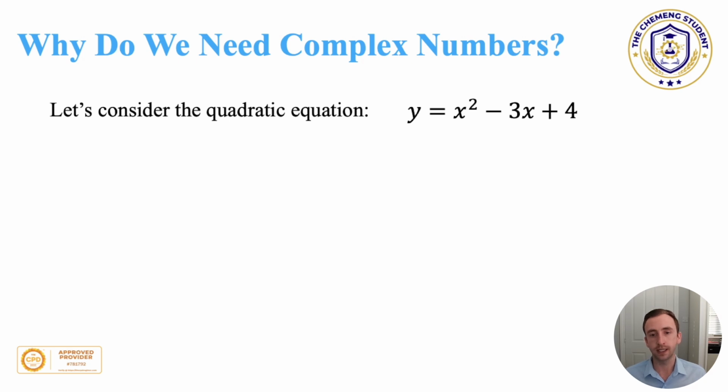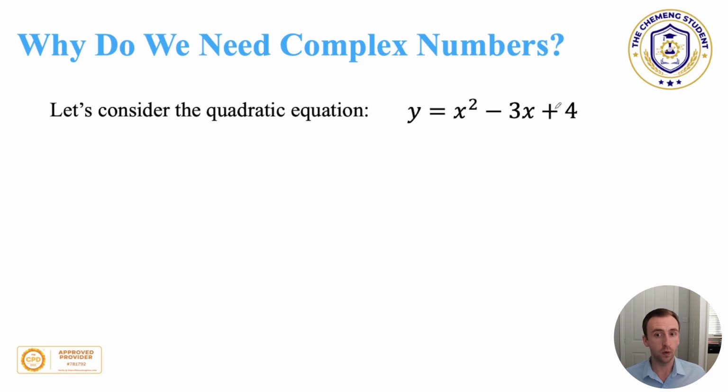Given this quadratic equation here of x squared minus 3x plus 4, on the face of it, it looks fairly standard. But we know from quadratics that the roots of the equation have three possibilities. We either have real and distinct, real and equal, or no real roots.